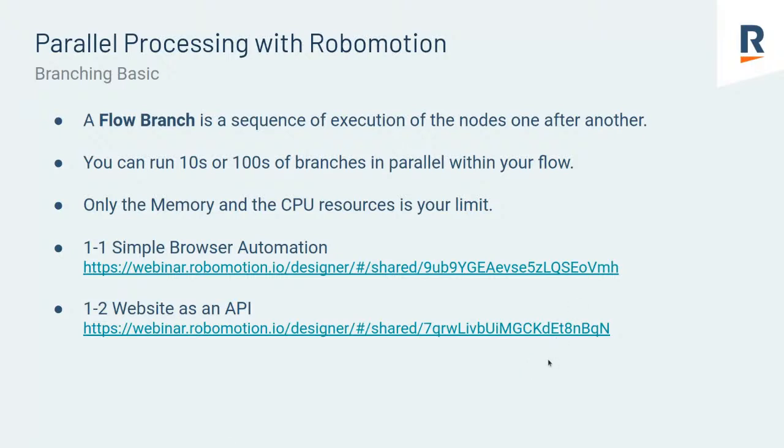Only the memory and CPU resources on your machine are your limit, because if you are using Chrome automation, Chrome consumes lots of memory. It is maybe 500 megabytes to 1 gigabyte of memory. So you would need lots of it. So let's jump into examples.